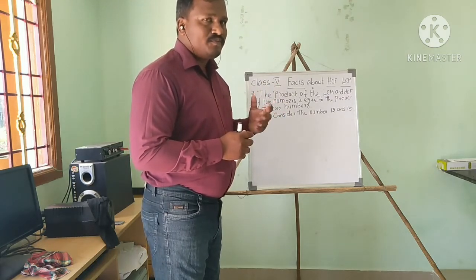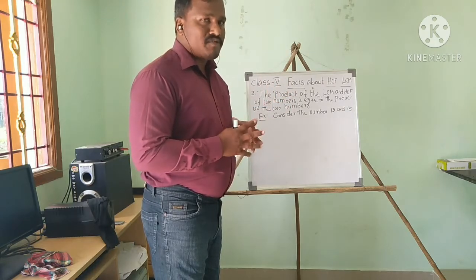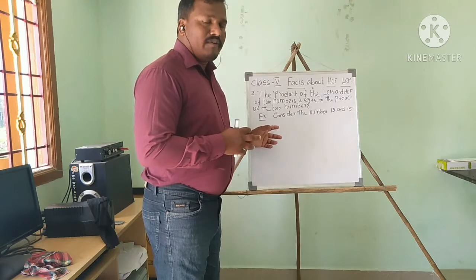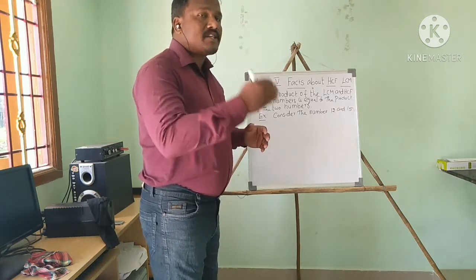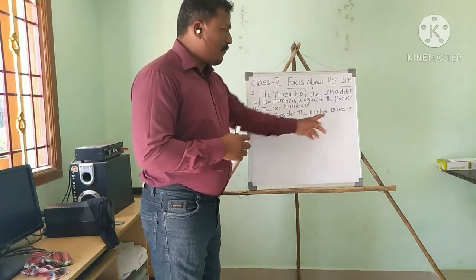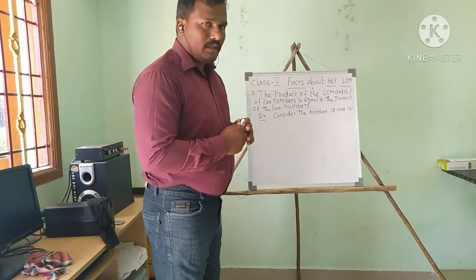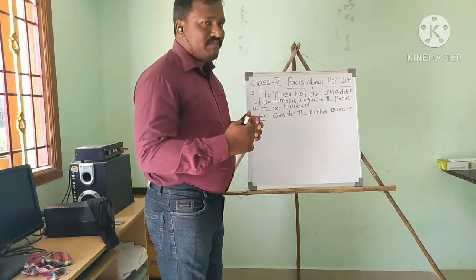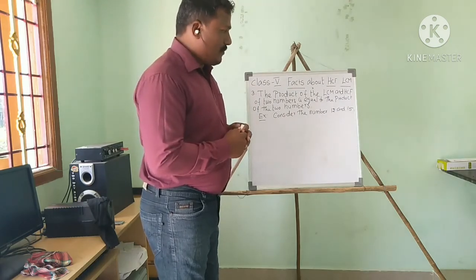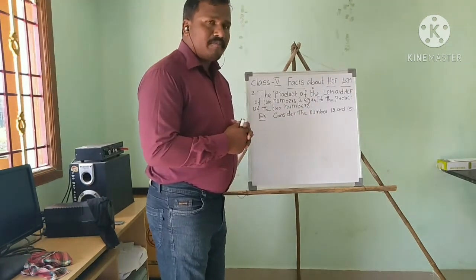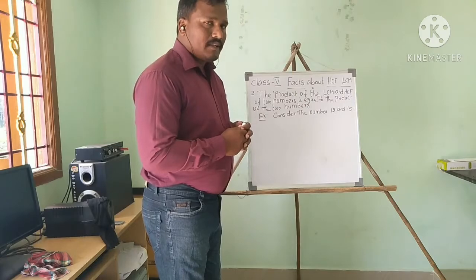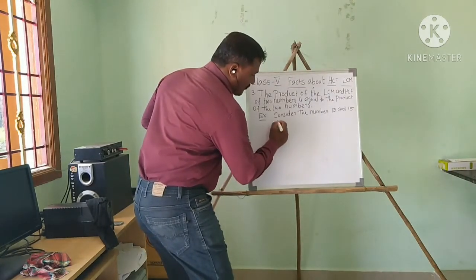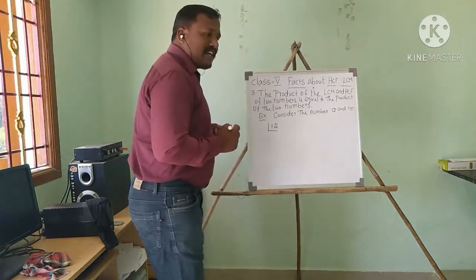So now we will find the highest common factor of 12 and 15. First we find the common factors, then the highest one. Before that, how do we find the factors? Through this method. I will take 12 first and find its factors.